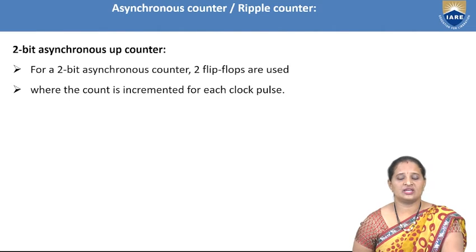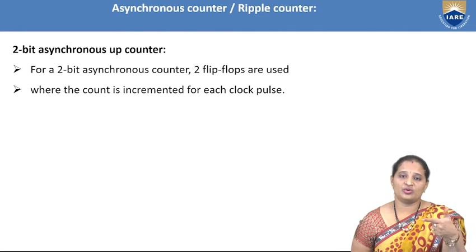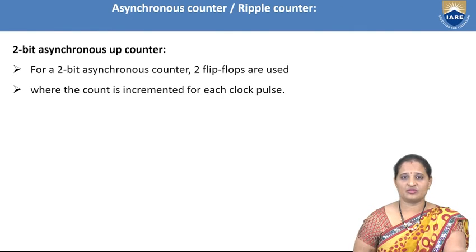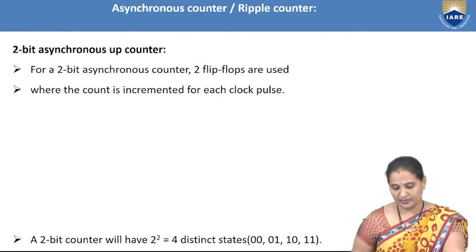Always remember, in order to design an asynchronous counter or any synchronous counter, we will always be using D flip-flop or JK flip-flop. Here I'm using JK flip-flops. The count is incremented for each clock, because I want to implement an asynchronous up counter. So I want to increment the count for every clock pulse, that means the pulses have to be counted in the incremental order.